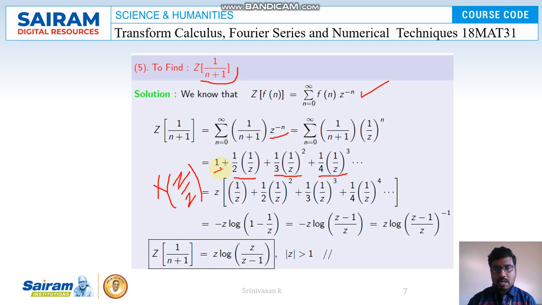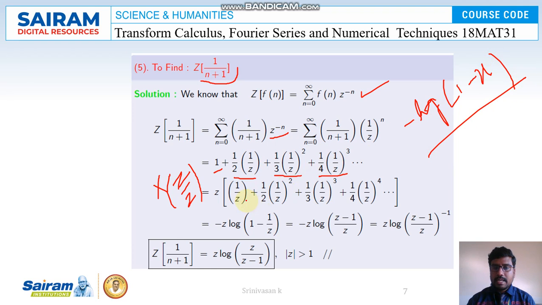We get 1 into 1 by z plus 1 by 2 into 1 by z square, plus 1 by 3 into 1 by z power 3 plus 1 by 4 into 1 by z power 4. Now I know the formula: x plus x square by 2 plus x cube by 3 plus x power 4 by 4 equals minus log of 1 minus x.